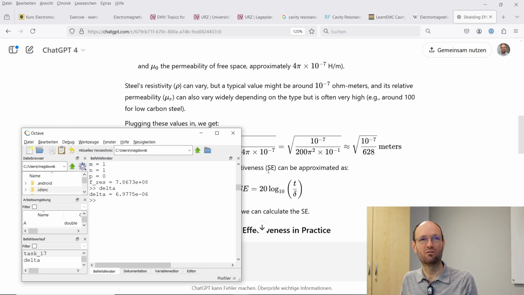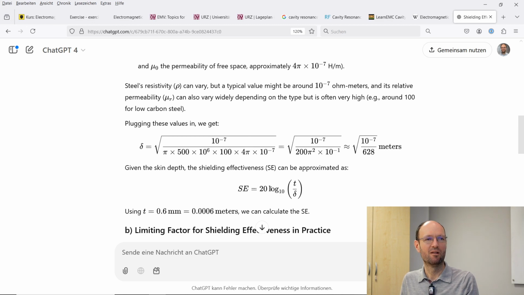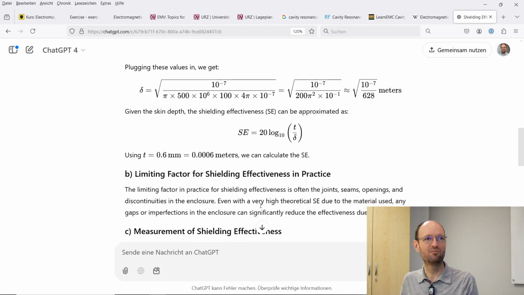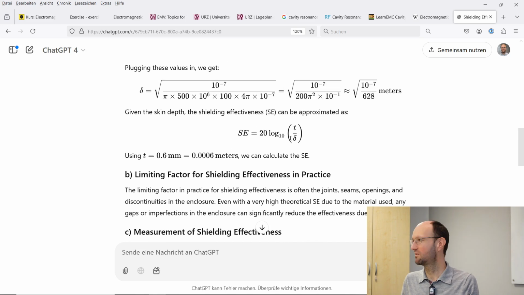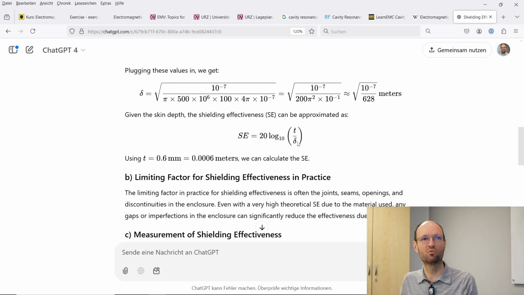I would say square root of 10 to the power of minus 7, 1e minus 7 divided by 628. Okay, we get something at least in the same order of magnitude, does not look too bad. So we get some shielding efficiency, but it's not really calculating some value. But this would be the formula for just the absorption loss.